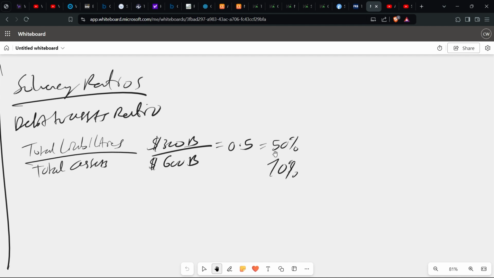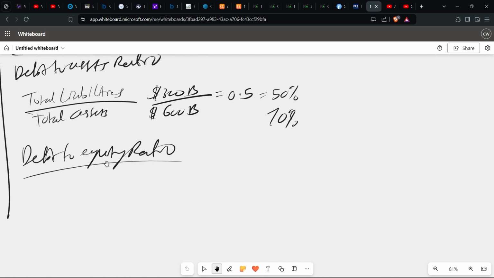Something else you need to remember is that you need to assess the quality of the assets on the company's balance sheet, even before you look at the debt to asset ratio. Remember goodwill and especially the intangible assets. If the intangible assets have been overstated, that's a red flag, and it doesn't matter how good the debt to asset ratio is.